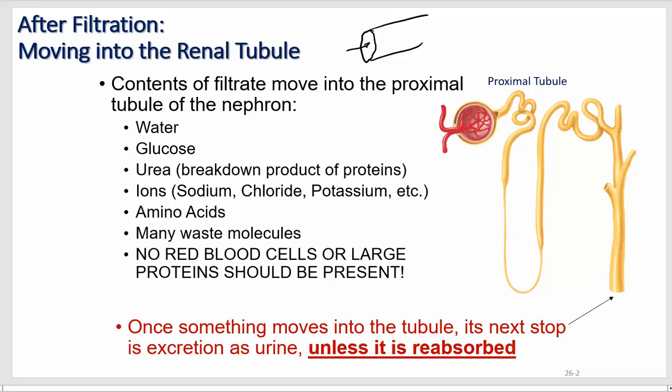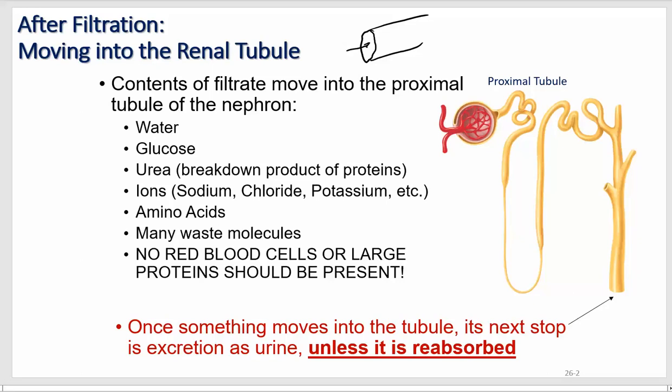Proximal, and then distal is over here, and then you've got the loop of Henle. So what's moving through? Well, the things going into it are water, of course, glucose, so these are all things that made it through the glomerulus, urea, which is a breakdown product of proteins. We're going to talk a lot about that.